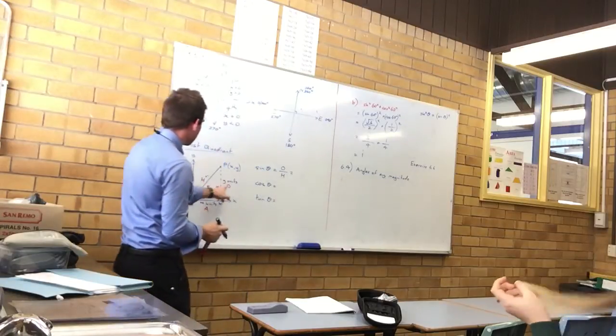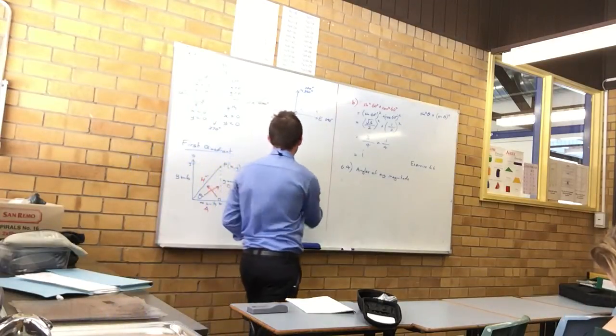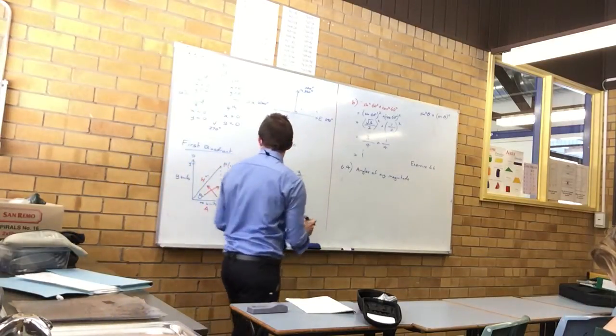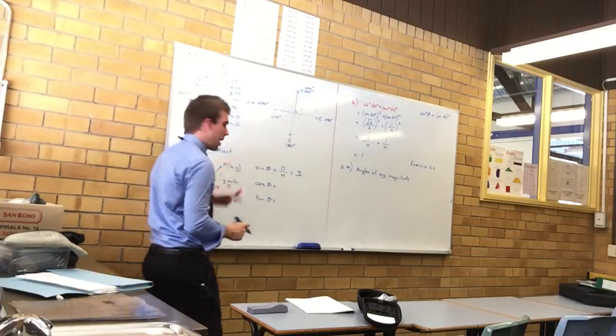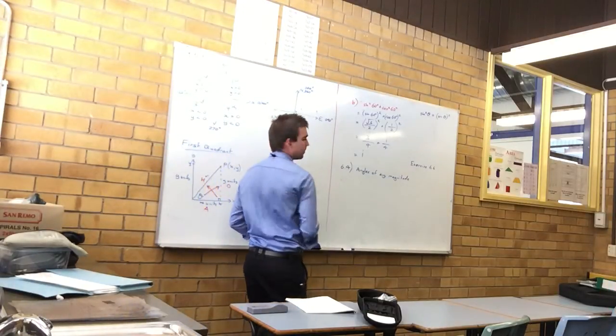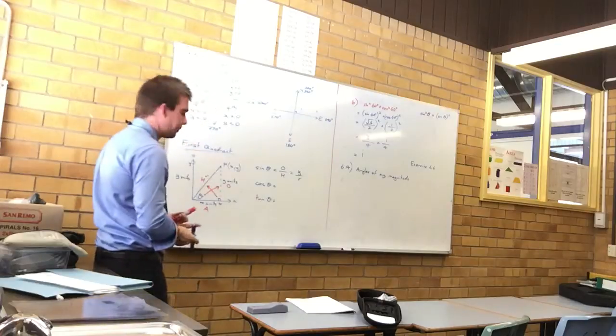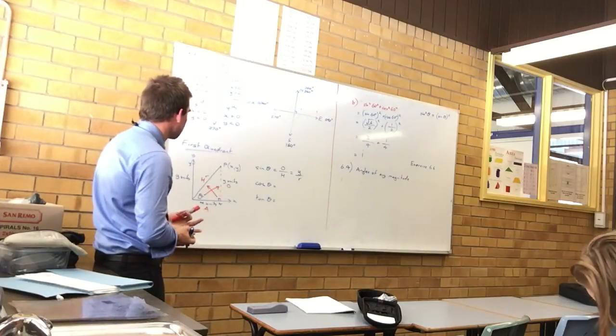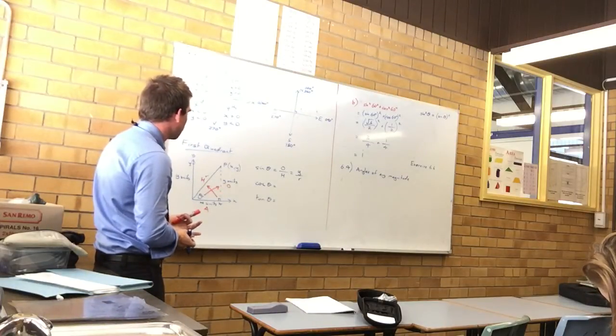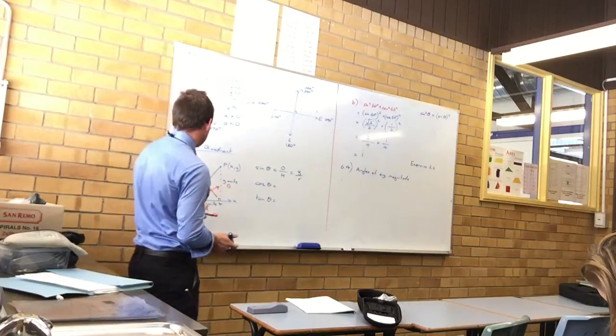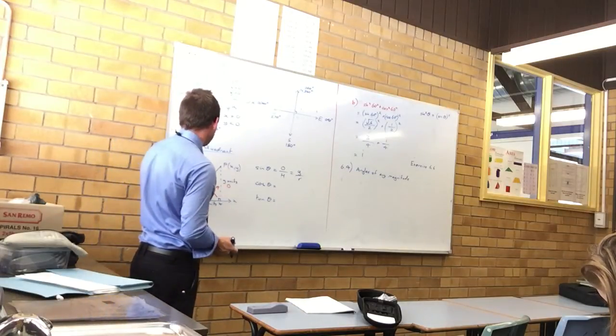The opposite had length y units, and the hypotenuse had length r for radius, so sine theta is y over r. Cos of theta: we've got adjacent and hypotenuse.